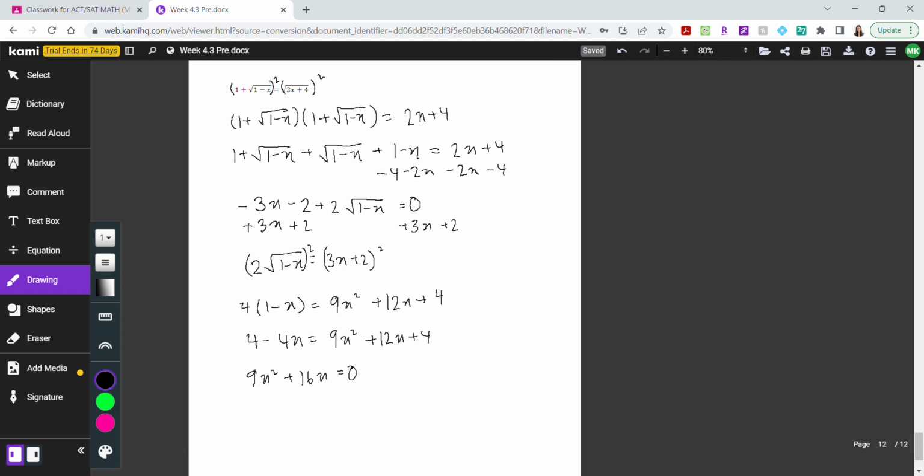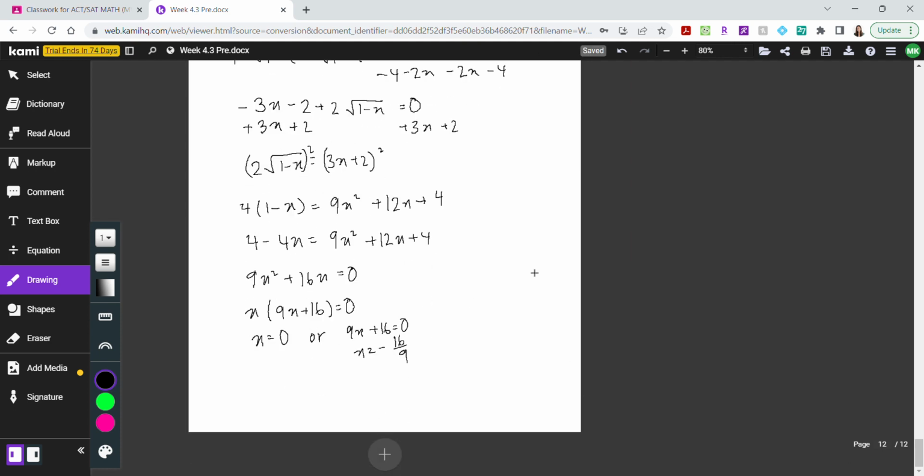Now from here, oh look, these two have x's, so I can just factor my x out to give me x times 9x plus 16 equals 0, x equals 0, or 9x plus 16 equals 0, x equals negative 16 over 9. Now again, I need to test my solutions. Alright, so let's hopefully be able to squeeze in a bit here.